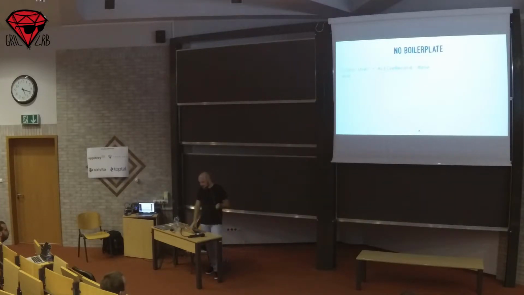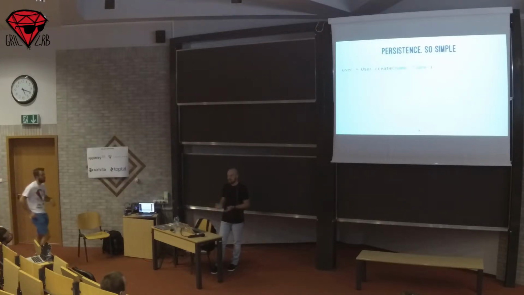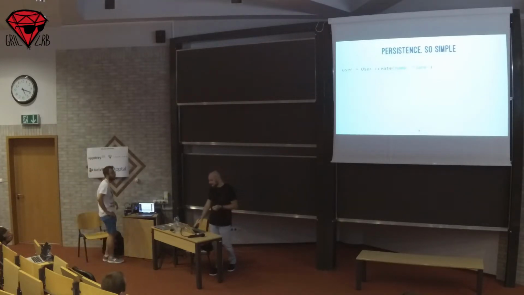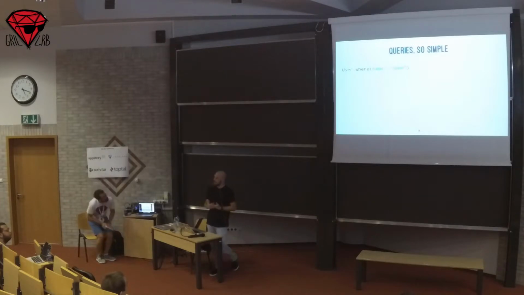Now, there are other things nice about Active Record that are just pretty obvious, but it's important to just realize this, that things that are kind of complex, like persisting data, is really complex, but with Active Record, it's one line of code. That's awesome, really. Even database queries, they could be really difficult.